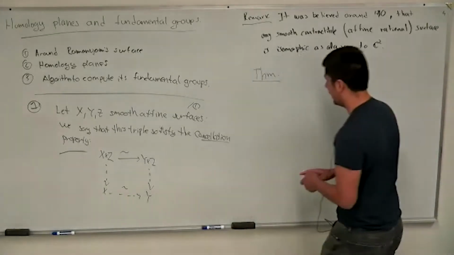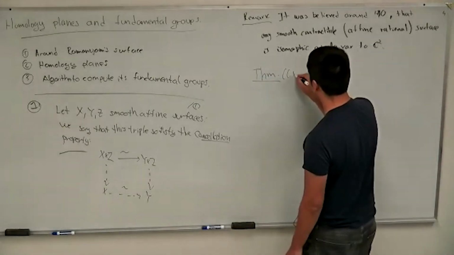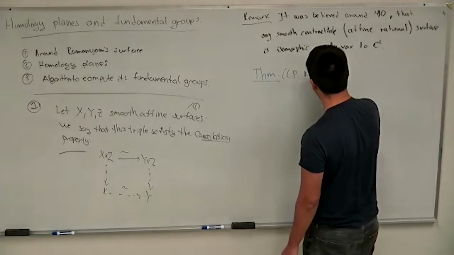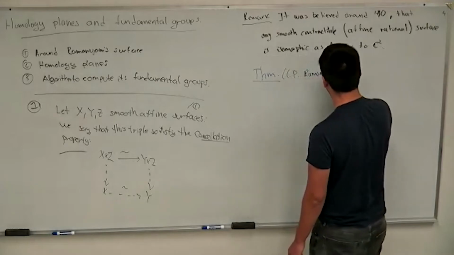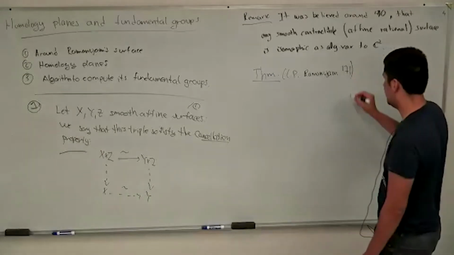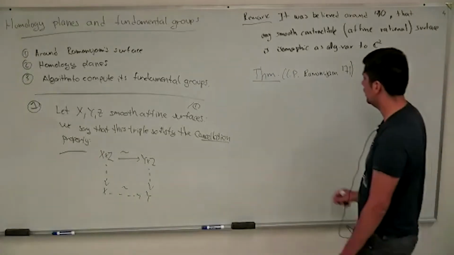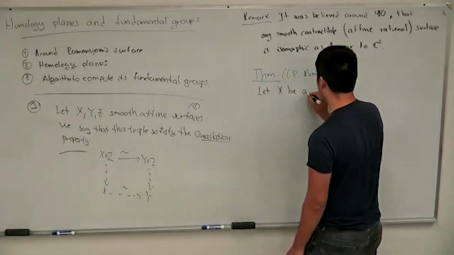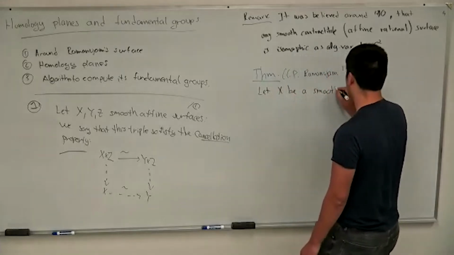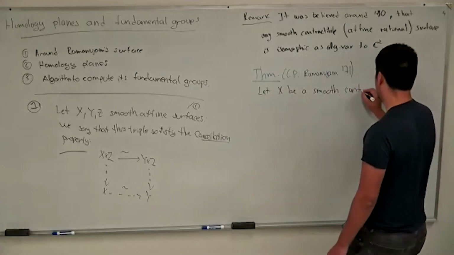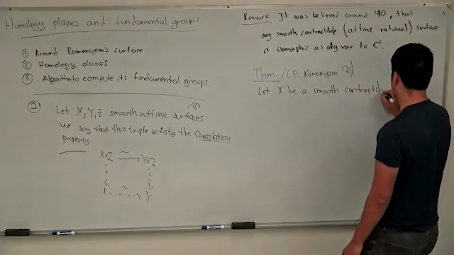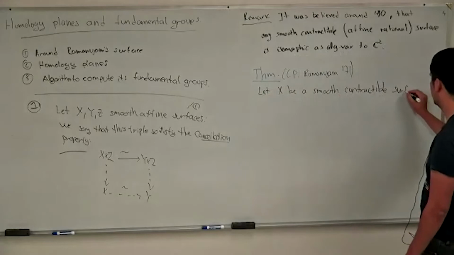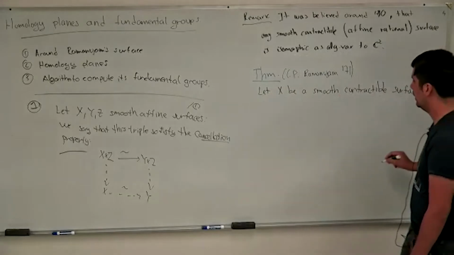It was C.P. Ramanujan, around 71, who showed the following. Let X be a smooth contractible surface.